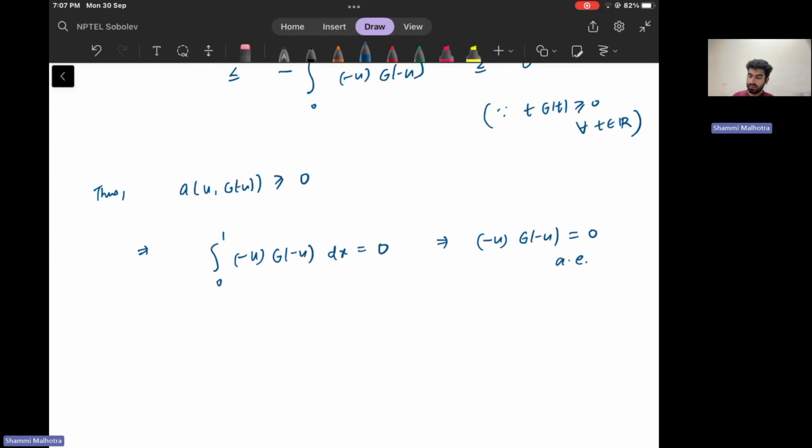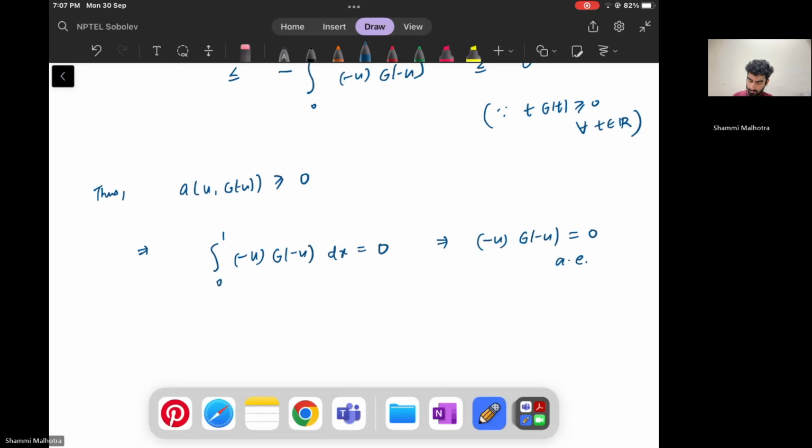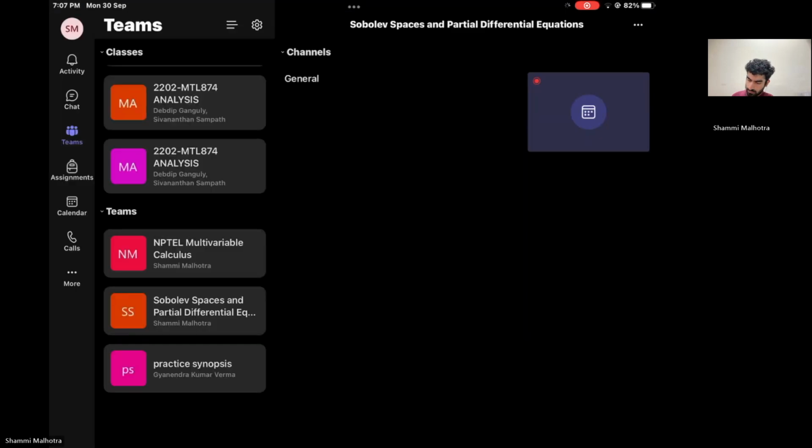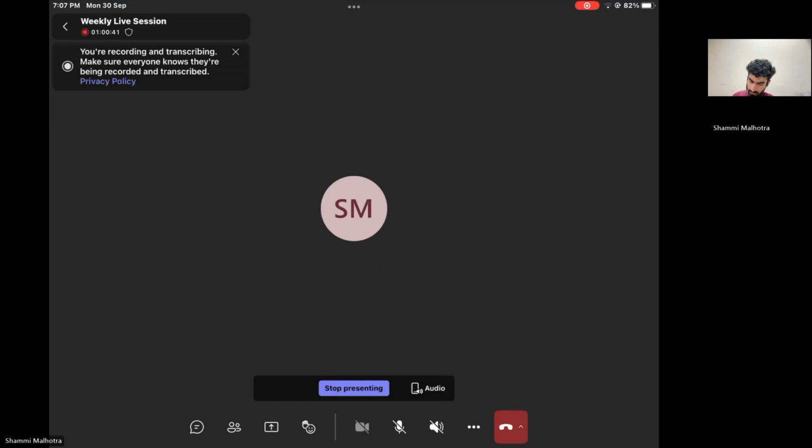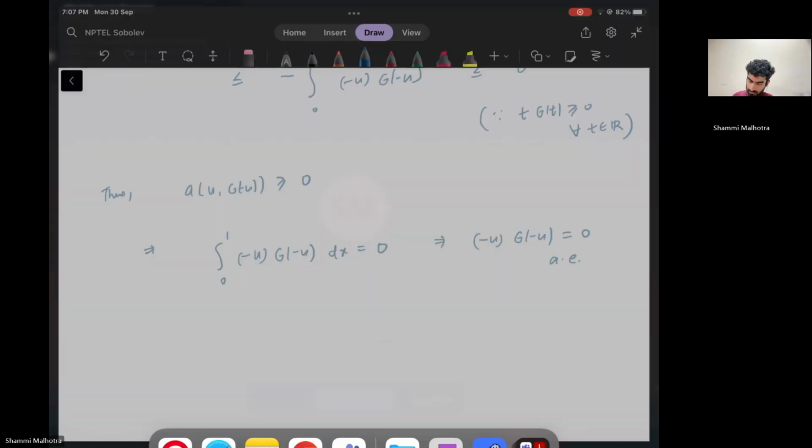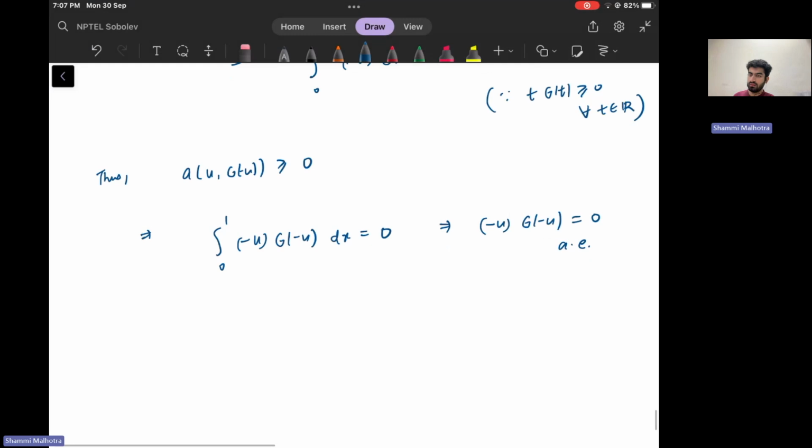As we know, this holds if and only if minus u is less than or equal to 0, and thus this implies u has to be greater than or equal to 0 almost everywhere.